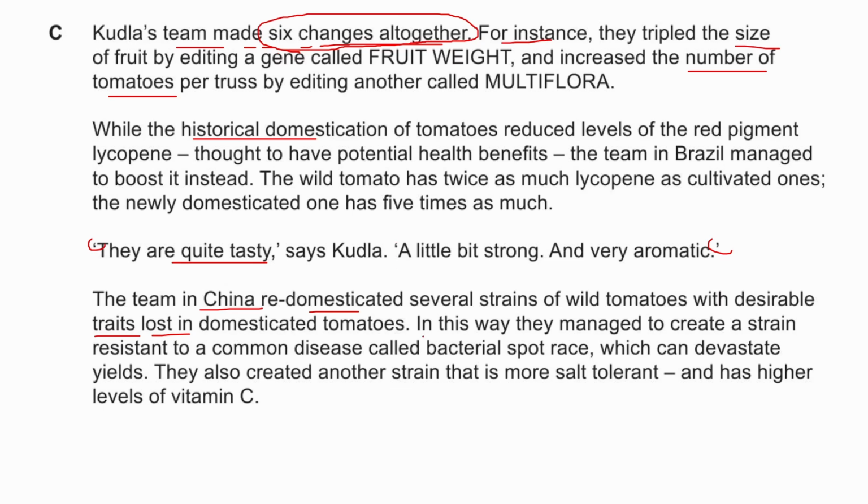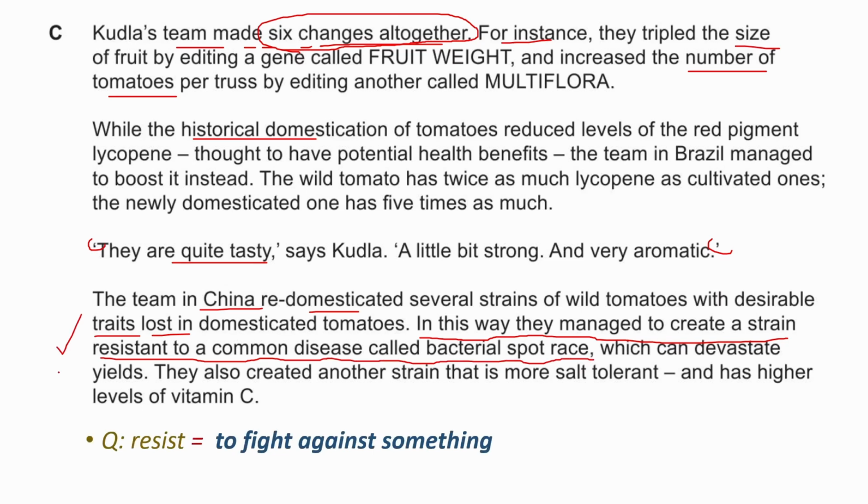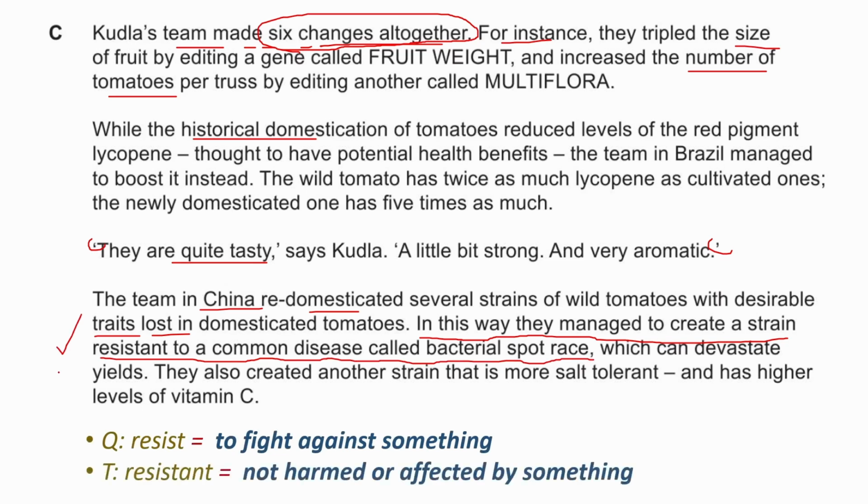In the third part of this paragraph, we have, in this way, they managed to create a strain resistant to a common disease called bacterial spot race. So this is the part. In the question, we had resist, to fight against something, and here we have resistant as an adjective, not harmed or affected by something. This kind of paraphrasing using the different part of speech, actually.